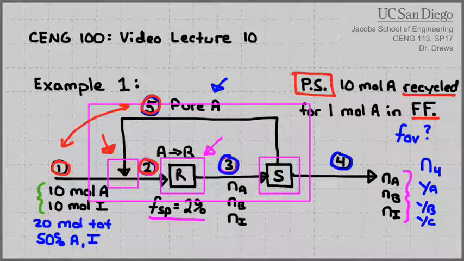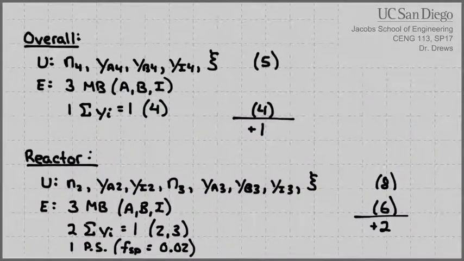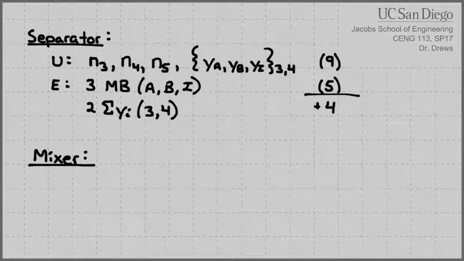And up until now, if you look at the other degrees of freedom, none of these other units involved both streams 1 and 5. So the overall balance only included 1 and 4, the reactor included only 2 and 3, and the separator included only 3, 4, and 5. We have not had a unit yet that involves streams 1 and 5, which is why we haven't used that process specification yet.